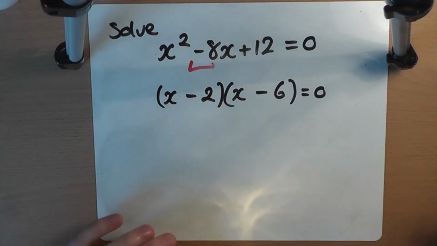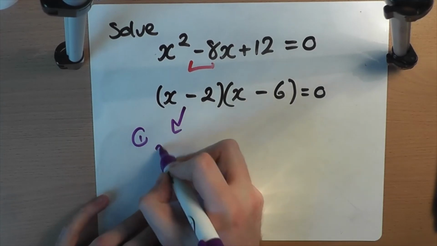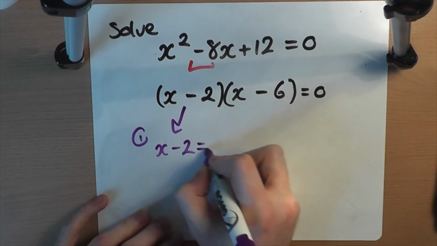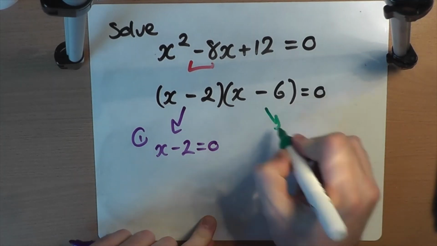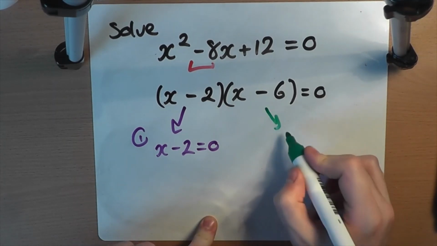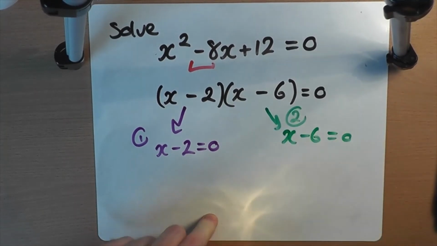So either option 1, this first bracket, x minus 2, is equal to 0. Or option 2, the second number is equal to 0. x minus 6 is equal to 0. There's our second option. Let's deal with them one at a time.